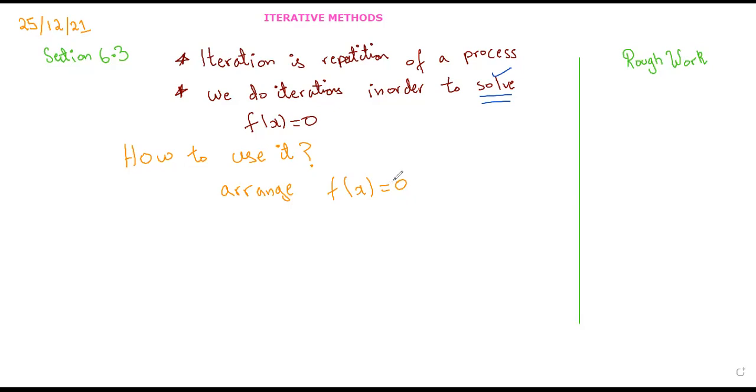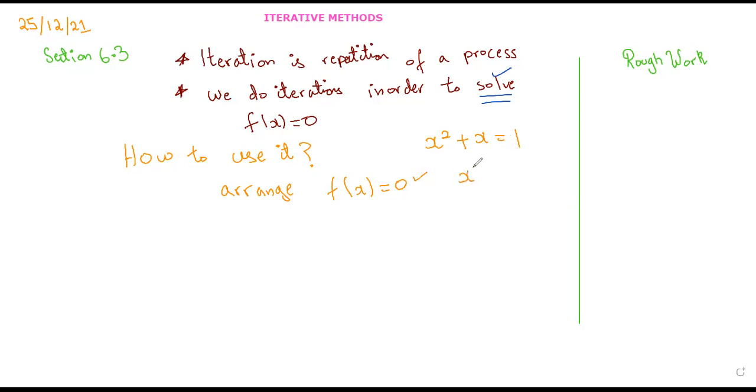But yes, this can certainly come in your exam and they would tell you to do it through iterative methods. Okay. So whenever you have a question in this form, let's say x squared plus x equals 1, stuff like that, you need to arrange it in this way.